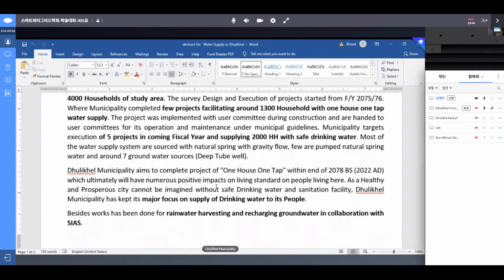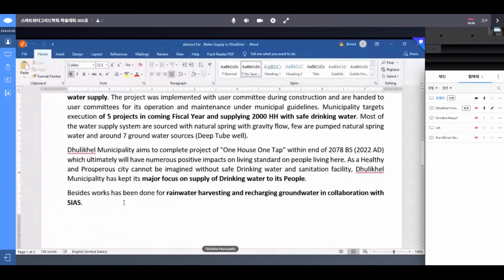The major source of water is natural streams, small and big, up to 1 liter per second discharge. 80% of the people will be facilitated with water by gravity flow, whereas 20% will get water through pump distribution. Where natural stream water is not available, 8 deep wells from groundwater were constructed during this 3-year period, and water supply is being done.